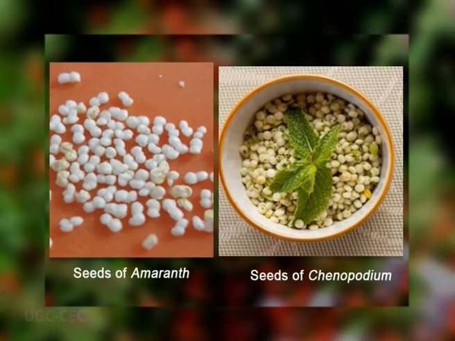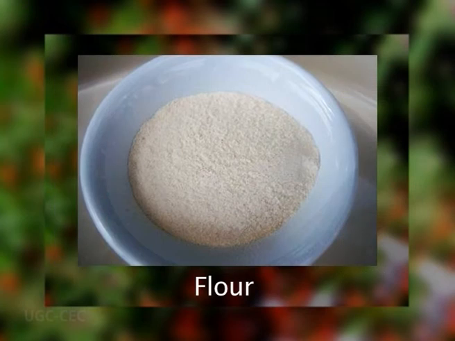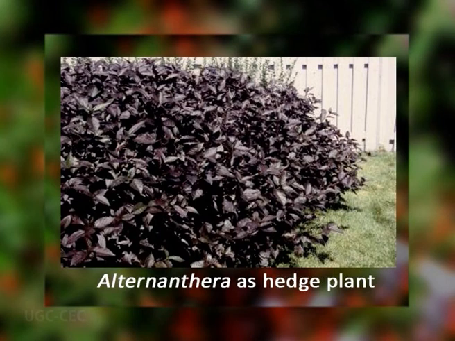The seeds of many species like Chenopodium and Amaranthus are used to make flour. Some species of Alternanthera and Tidestromia are grown as hedge plants in our gardens and parks. Many species in this family are used as common ornamentals.